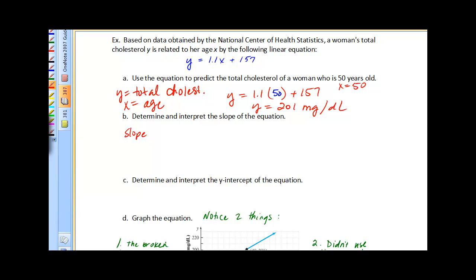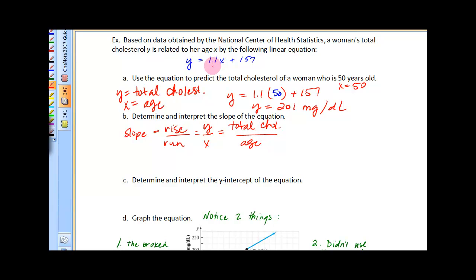Okay, we were talking about slope. Slope is rise over run. It's a comparison of two things. It's a ratio. It's all of these things. Rise over run, y's over x's. And in our case, the y's are total cholesterol over age.